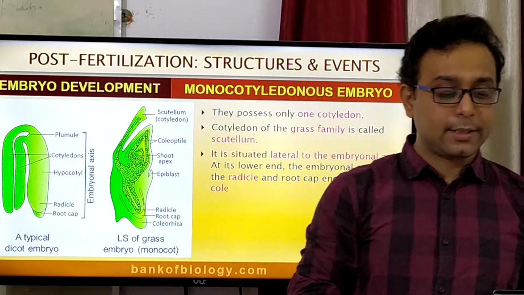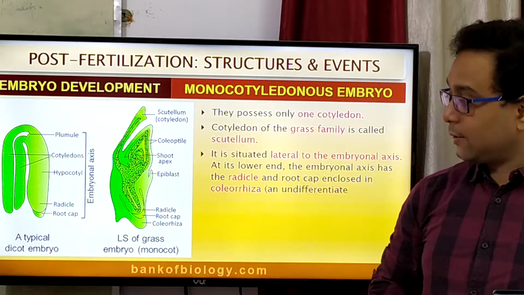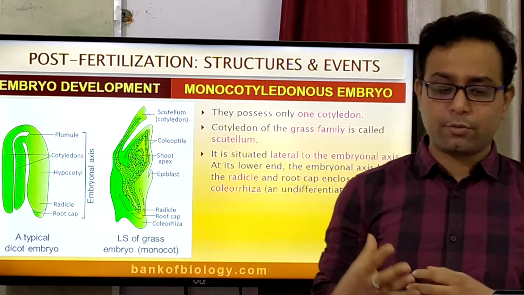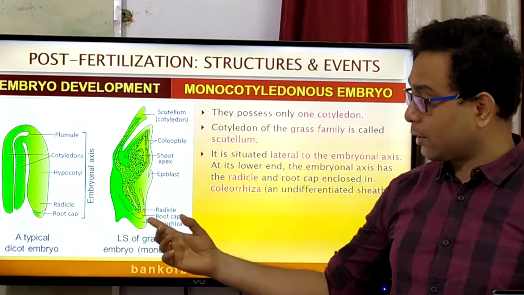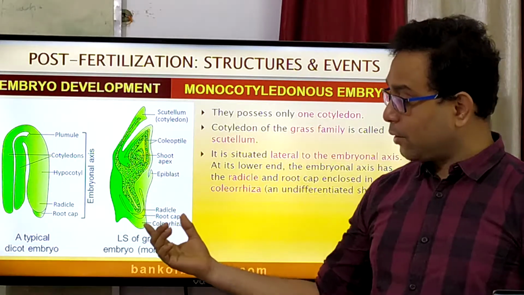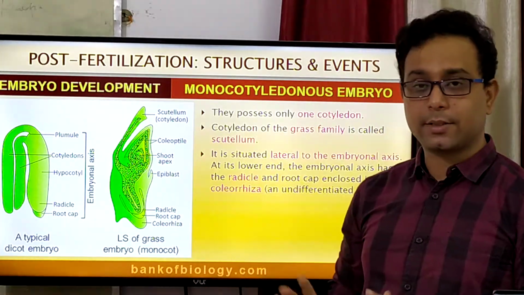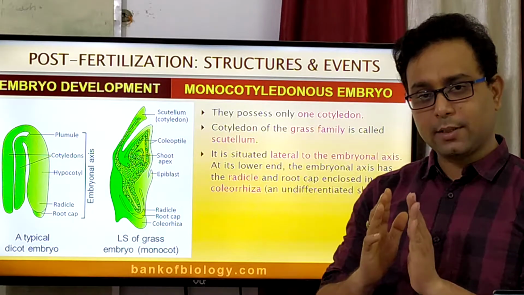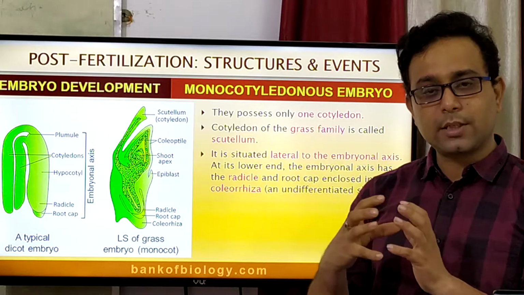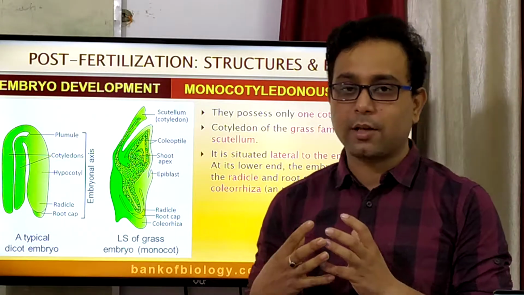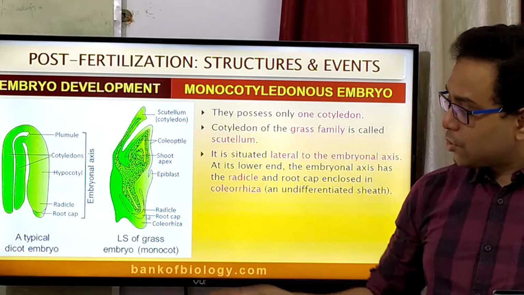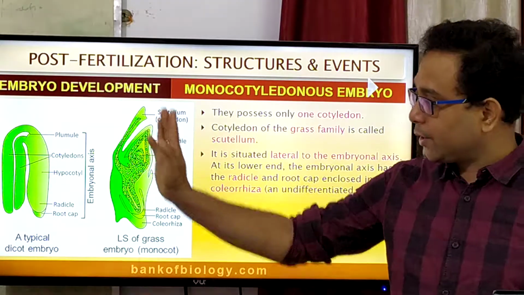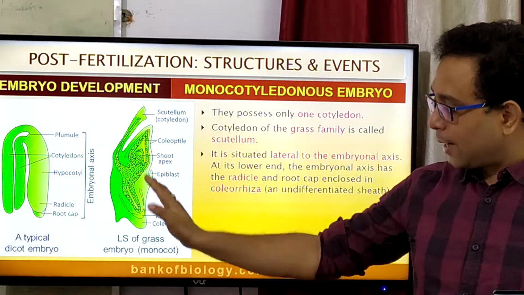Right? Another point is the radicle part. The radicle is enclosed by the root cap, and there is another most important part, the coleorhiza. Coleorhiza is the junction where the radicle is, right? So radicle and coleorhiza are more or less the same thing, but they are associated with each other to perform their function efficiently. So it is the radicle, the root cap, the coleorhiza. So we discussed the scutellum and these portions.